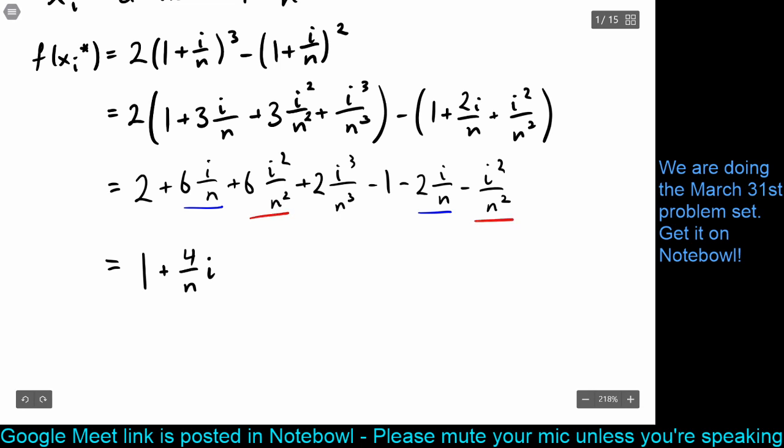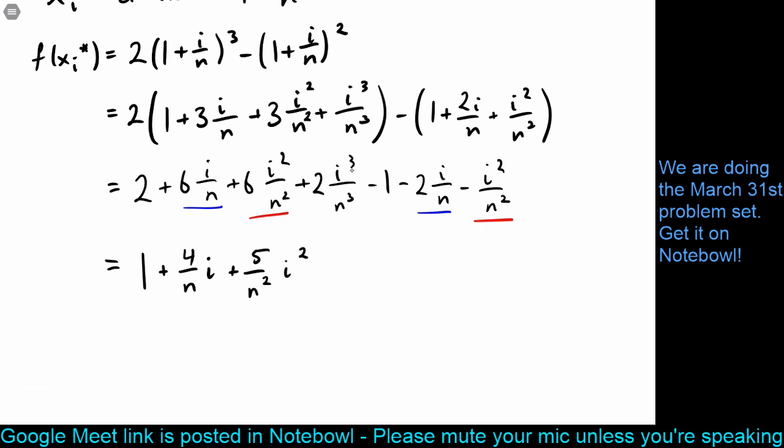These are the i squared terms, which combine to 5 over n squared times i squared. And then there's only one cube term here, plus 2 over n cubed times i cubed. All right, so that's f of x_i star. Bit of a mess, yeah, but we'll make it through.